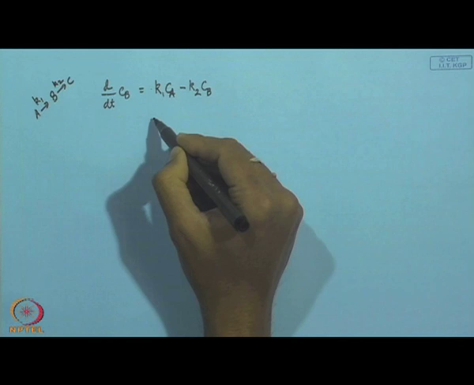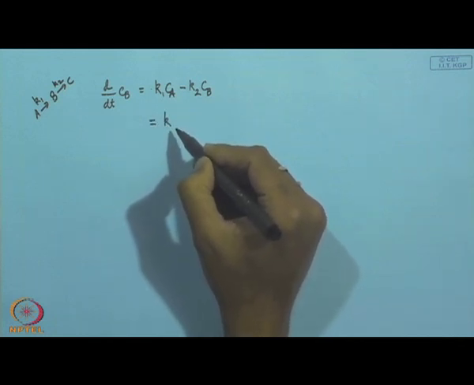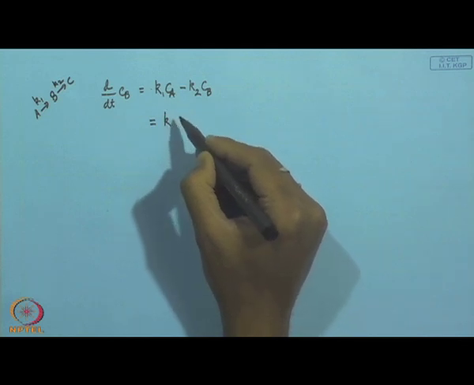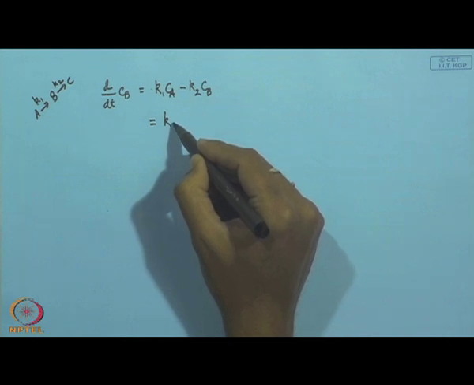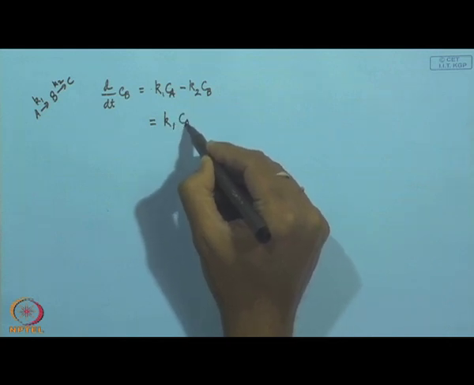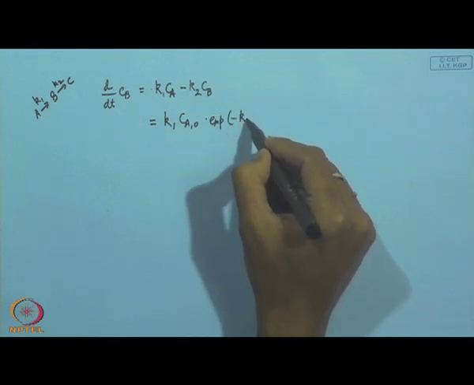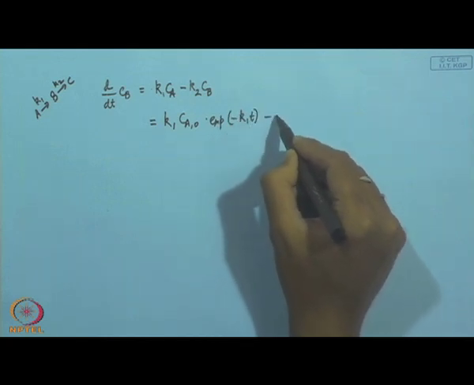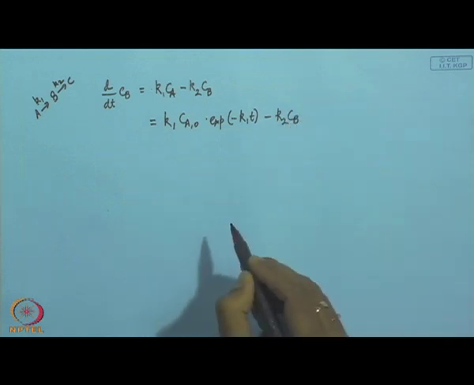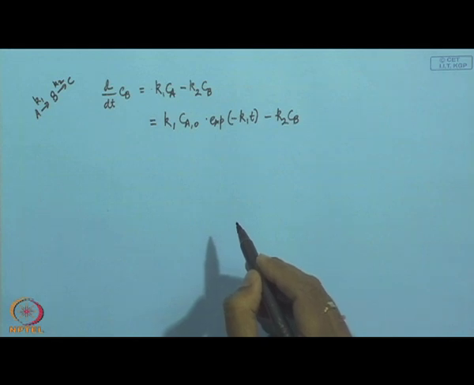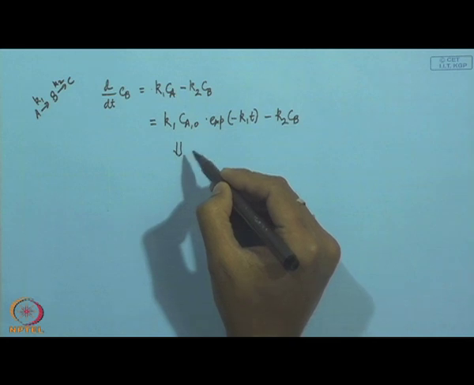Recall the earlier result that Ca is equal to Ca0 into exponential minus K1 t. You just plug that in over here. So, K1 Ca0 into exponential minus K1 t minus K2 Cb. This is an ordinary differential equation.